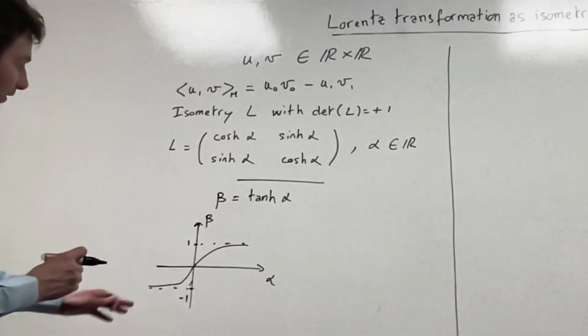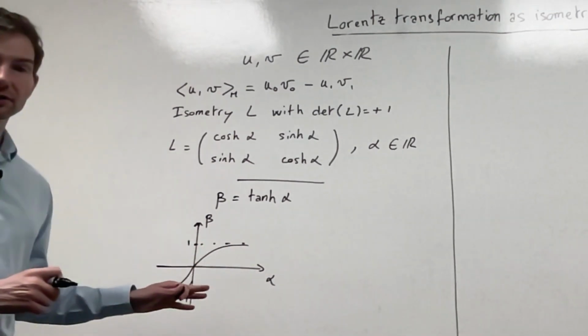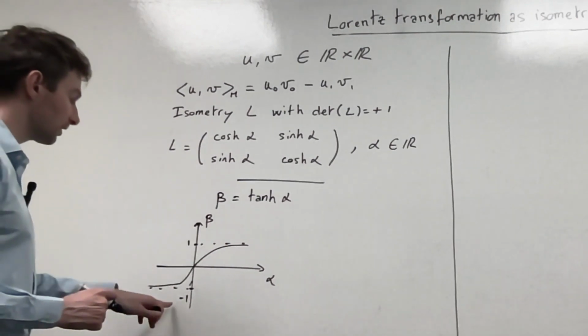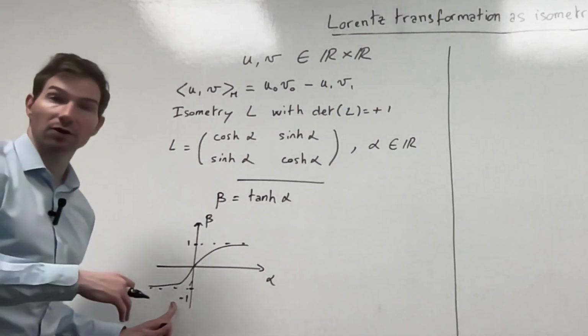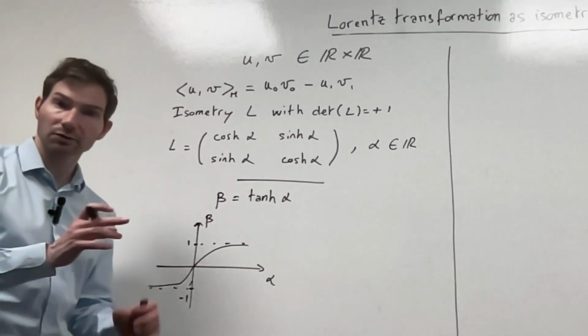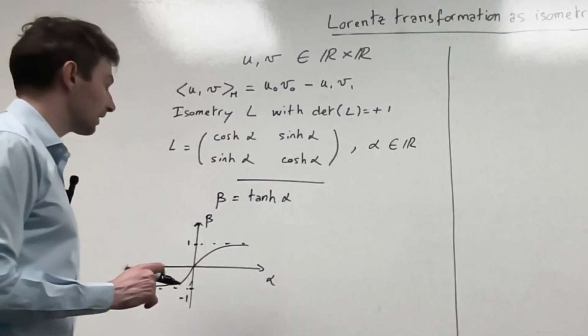Okay, it's not perfectly done. Usually it should be a straight line here around 0, but this is going to be a variable beta that is bounded from below by -1 and bounded from above by +1. And we are going to see that this is actually very meaningful indeed.